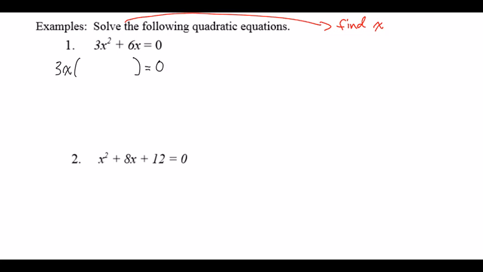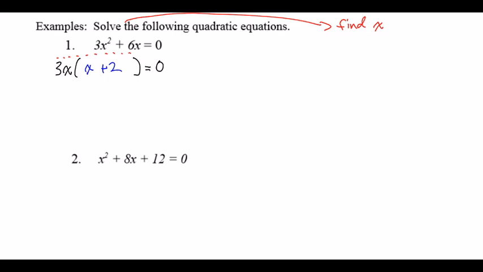So now, just like before, we divide what we see there by 3x. So 3x squared divided by 3x is just going to be x, and plus 6x divided by 3x is just going to be plus 2.